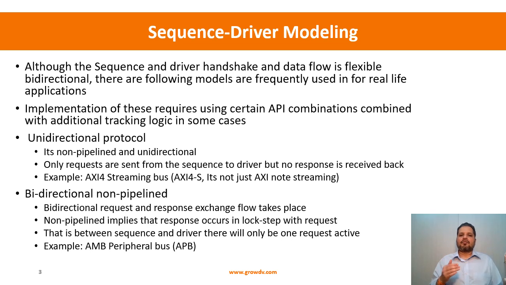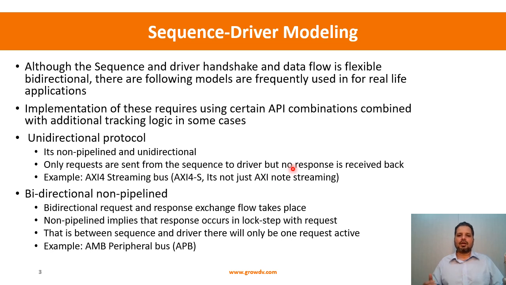The different types of communication mechanisms that can be utilized: the first one is a simple unidirectional protocol. It's typically non-pipelined and unidirectional, and only requests are sent from the sequence to the driver, but no response is received back from the driver.